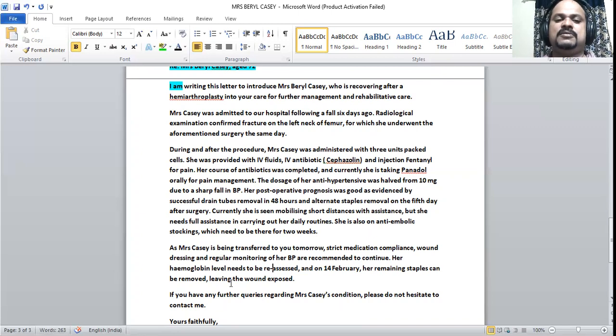It's better if you have a basic framework like this, and these things are ideal data which we can include. And I told that one more data is vital, that is the rehabilitation status, whether to discharge back home or to stay in the rehabilitation center. That also can be included in this particular case now.